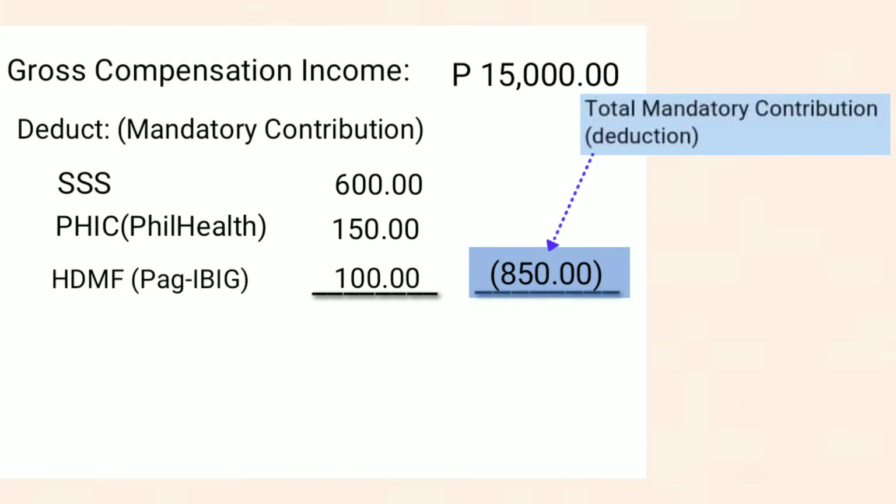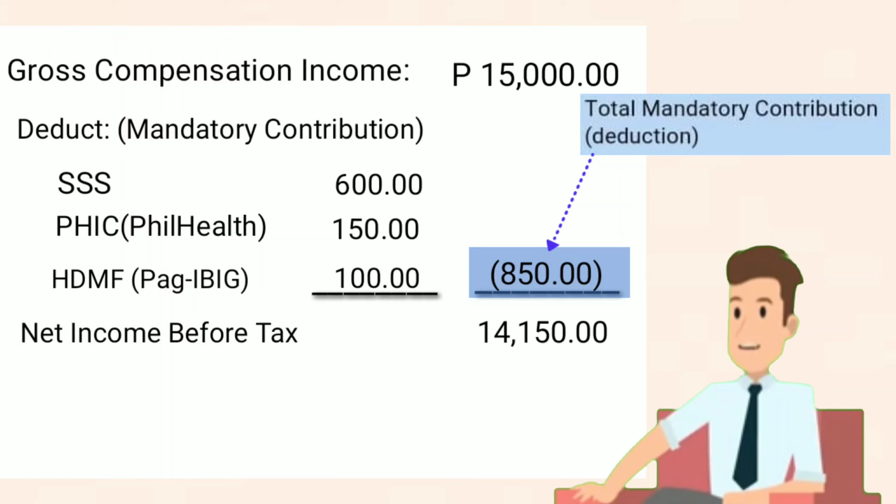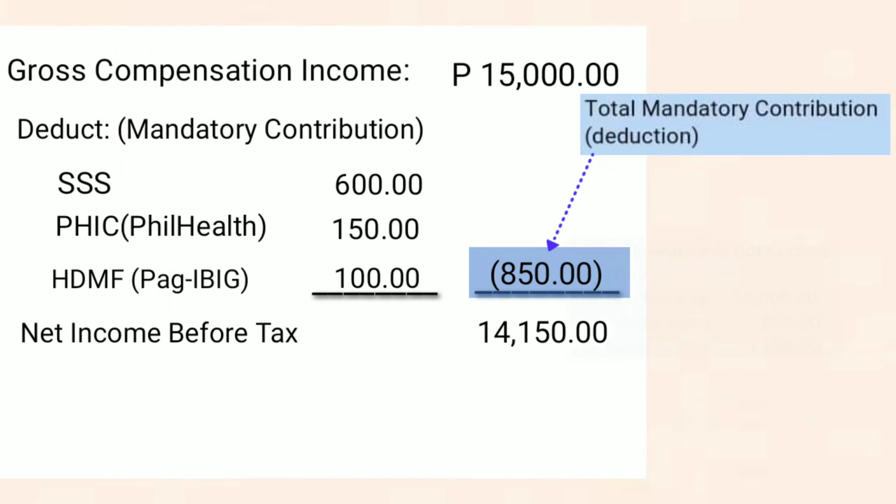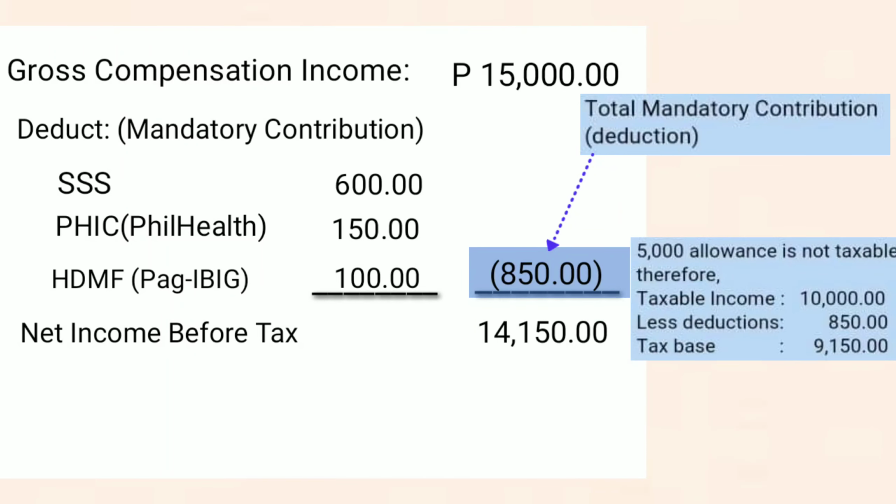After applying the deductions, the net income before tax is 14,150 pesos. This time, we will be identifying the tax using the revised withholding tax table and apply the monthly basis. In computing the tax, only the monthly basic pay is considered since the 5,000 peso allowance is non-taxable.